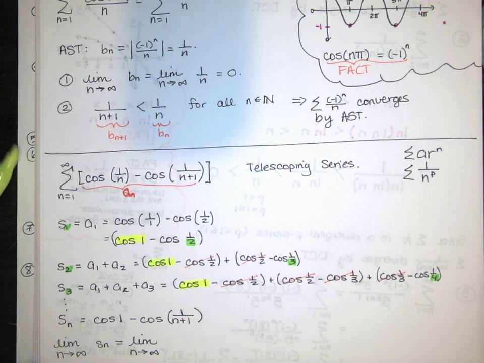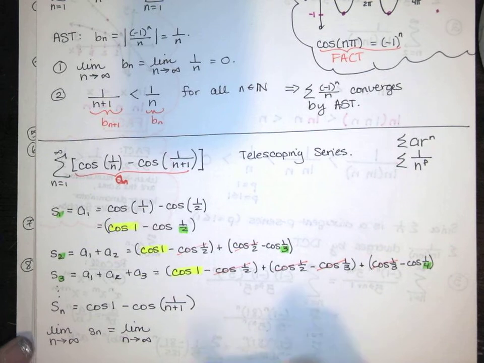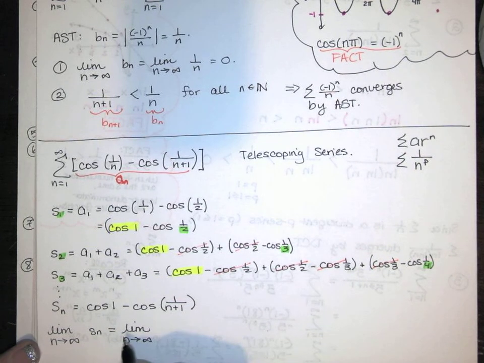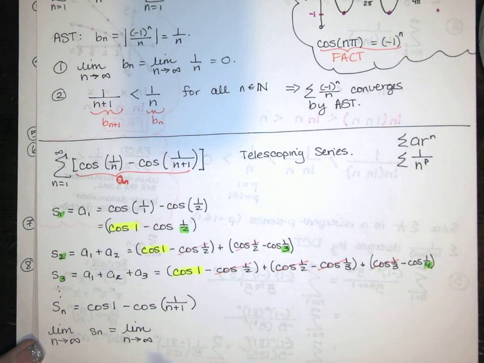It's the limit as n goes to infinity of that s sub n, that nth partial sum. Well, it's not just the limit of s sub n. The series converges if the sequence of partial sums converges. And if this limit is finite, that's telling us the sequence of partial sums converges to that number.